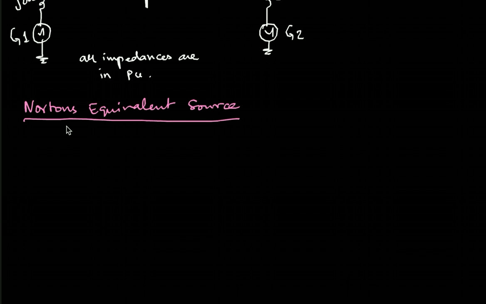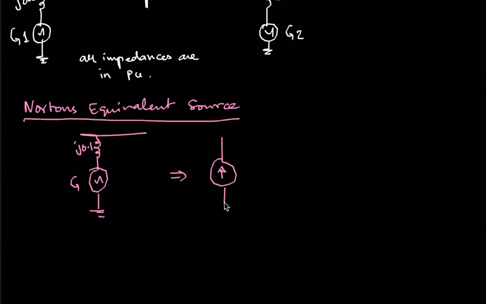Norton's equivalent source is nothing but, if you have a generator in series with a reactance to a bus, so let's say this is the generator, and then this is J.1. This can be converted into a current source in parallel with the same impedance J.1.